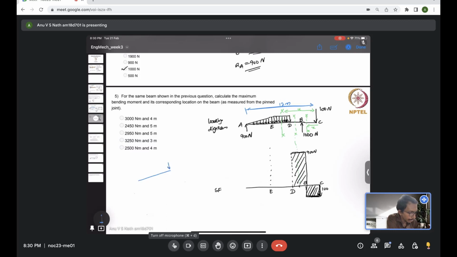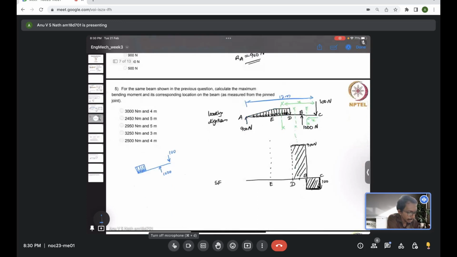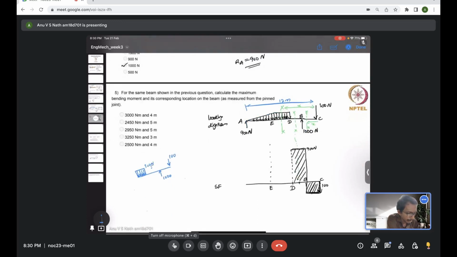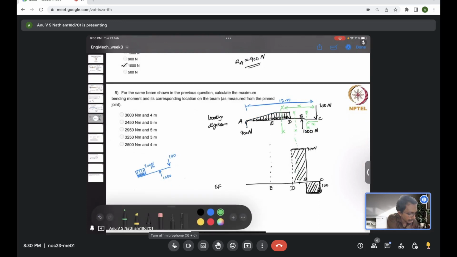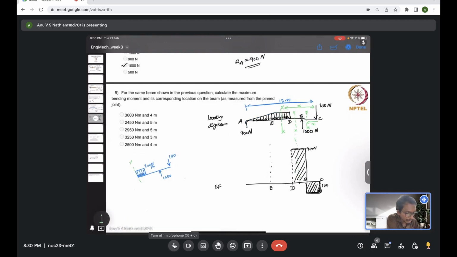You have a load here and another load here, so this is 100 here, 1000 here, and then you have a uniformly distributed load here, of intensity 300 Newton per meter. I am only drawing the right hand side of the section XX. You either consider right or left. So this is the distance X.